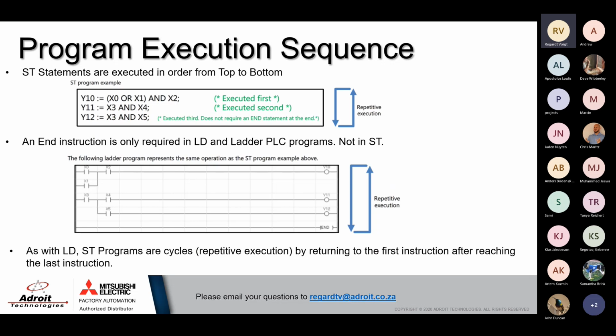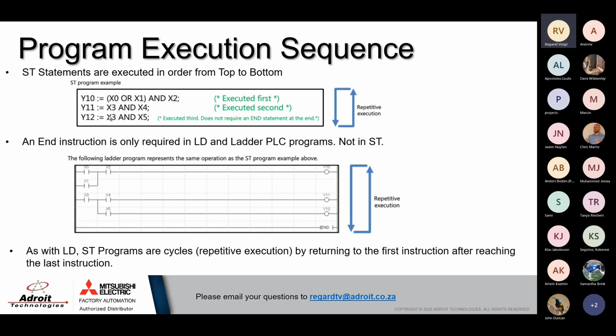So that would be your scan cycle in the PLC program. So your scan cycle consists of a combination of repetitive executions of different program sections. So just visually, these two programs are equivalent. So the execution order would follow exactly the same.